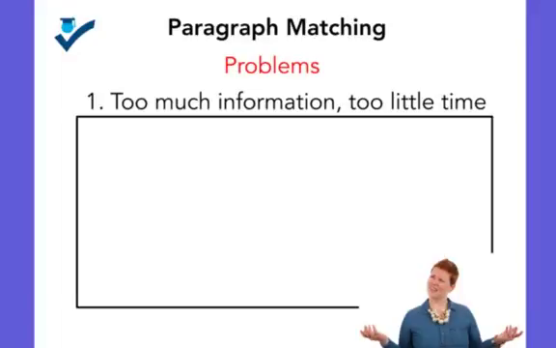So this can actually be quite easily overcome. All you have to do is practice with a clock timer in front of you and have a feel for the duration of the whole test, the reading test.